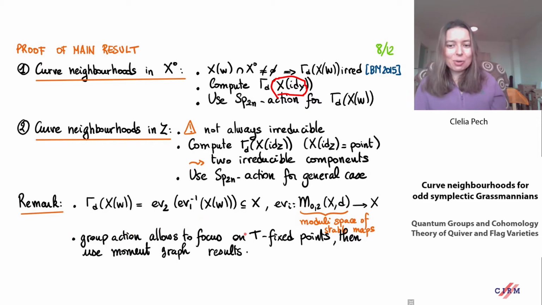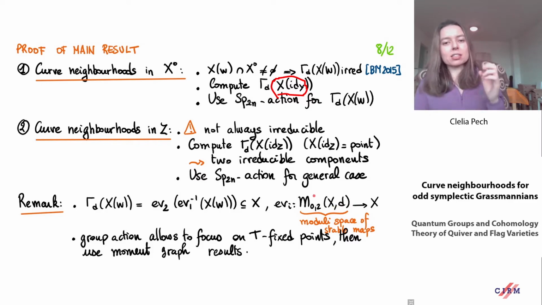What's important for some of the strategy is to have this second definition of the curve neighborhood, which is maybe the cleaner one. I look at the moduli space of stable maps in genus 0 with 2 marked points, degree d, and I look at the evaluation morphisms corresponding to either of those 2 marked points.